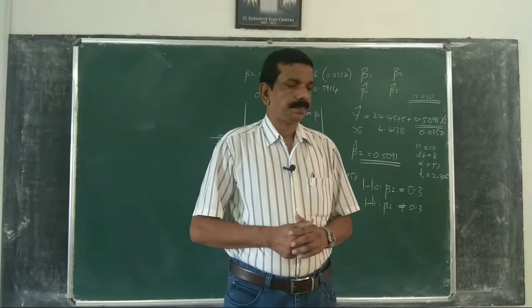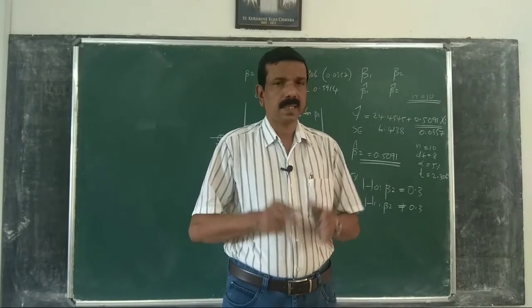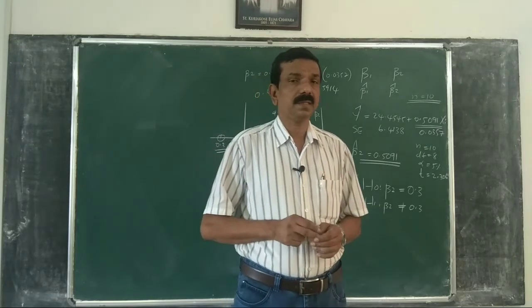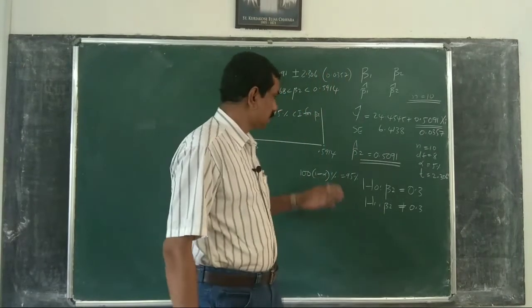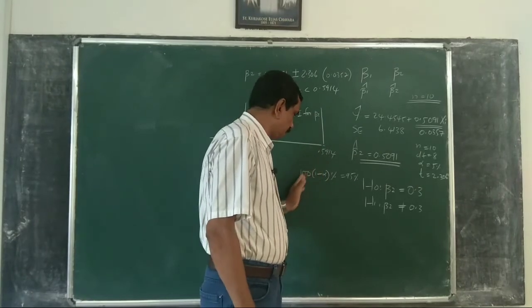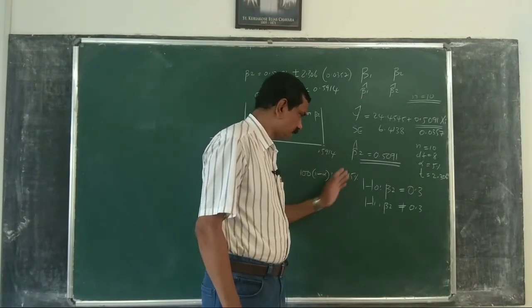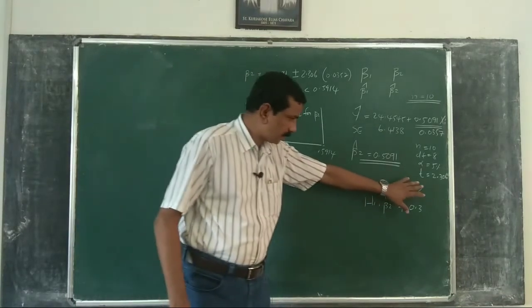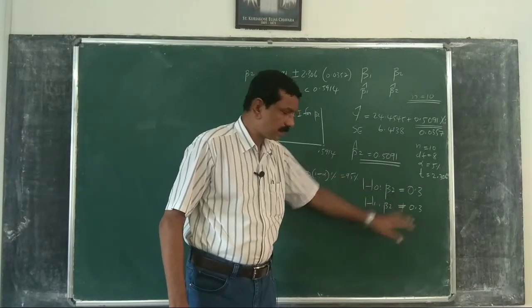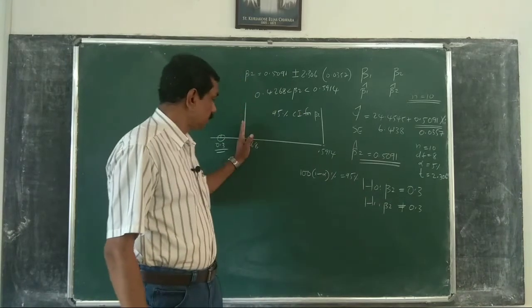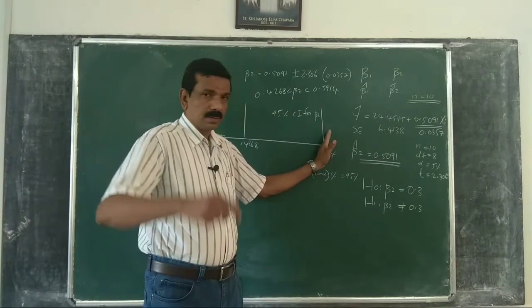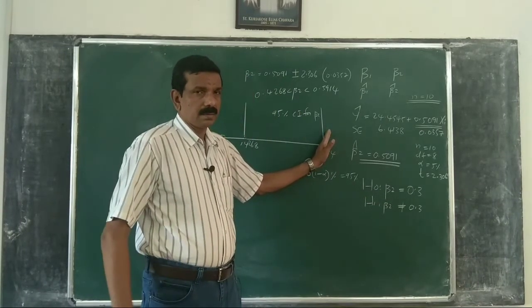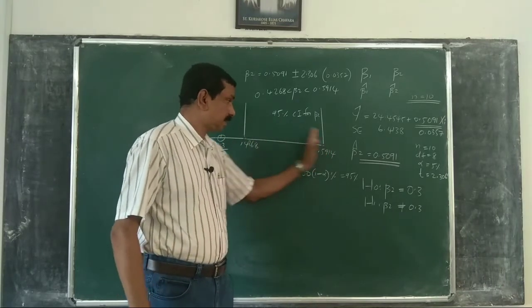Now, this is the idea behind the confidence interval approach. Construct the 100 times 1 minus alpha percent confidence interval and see whether the parameter is within this interval or not. If the parameter is in this interval, do not reject H0, otherwise reject it.